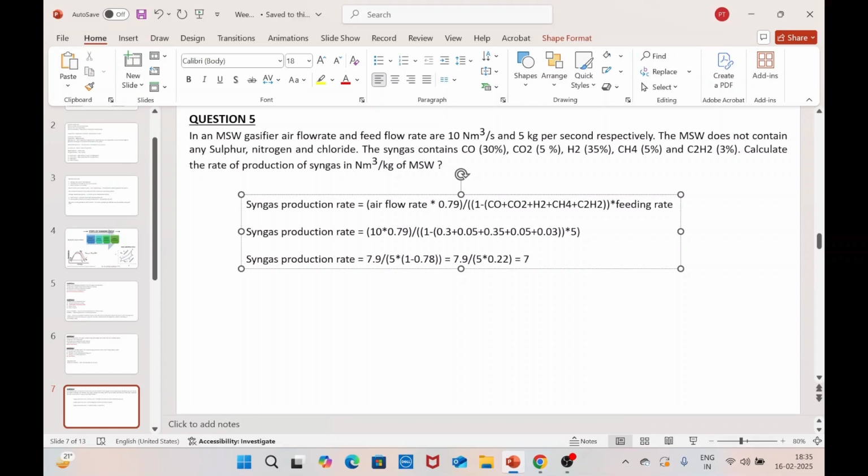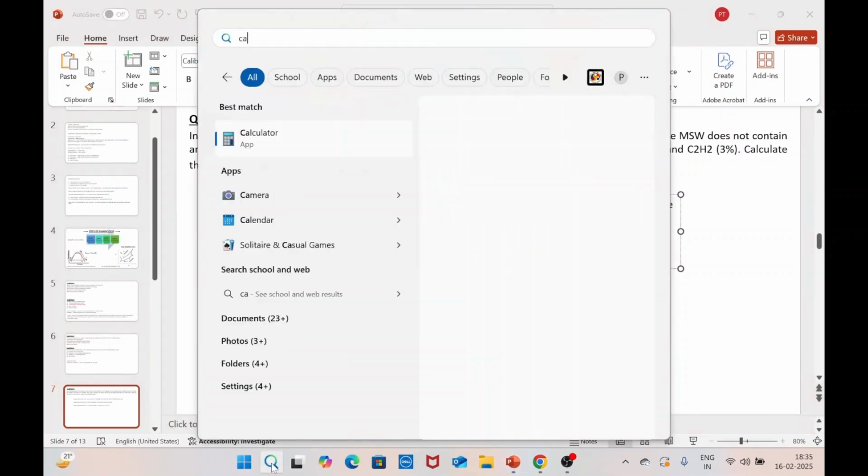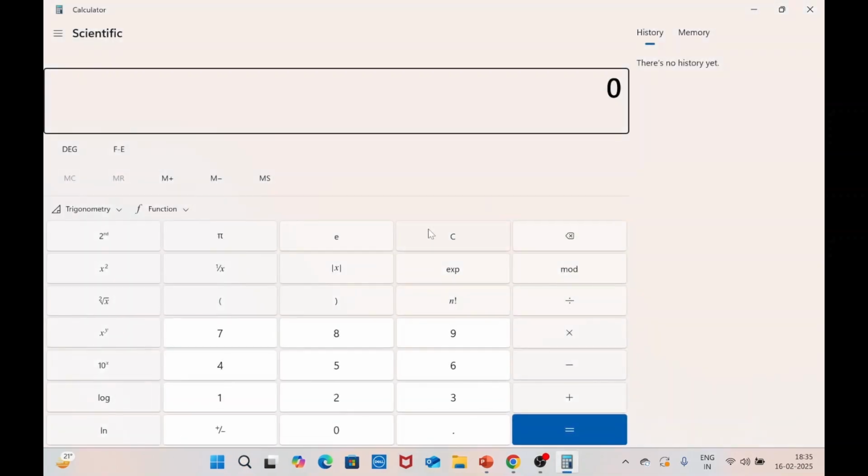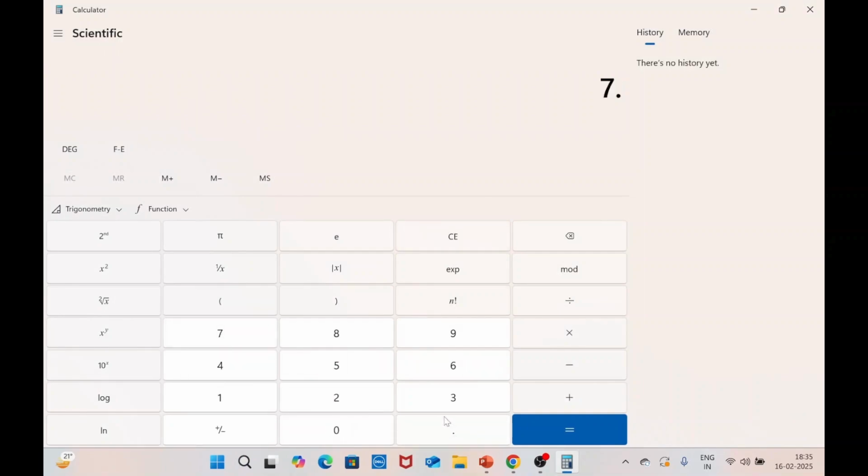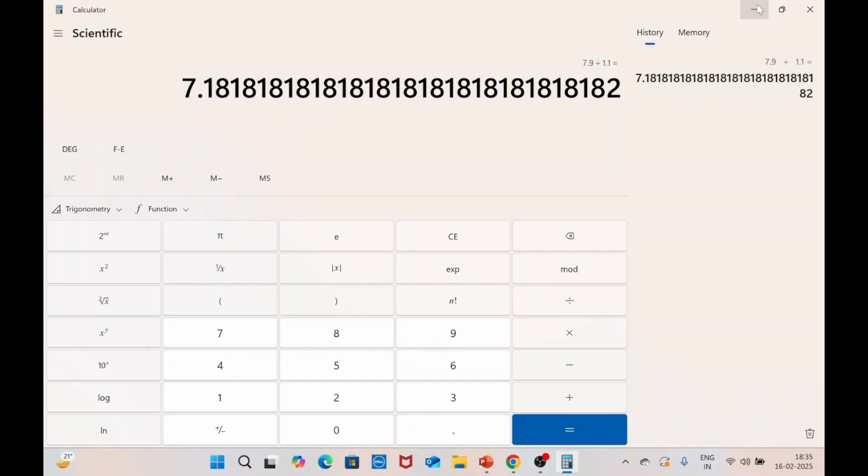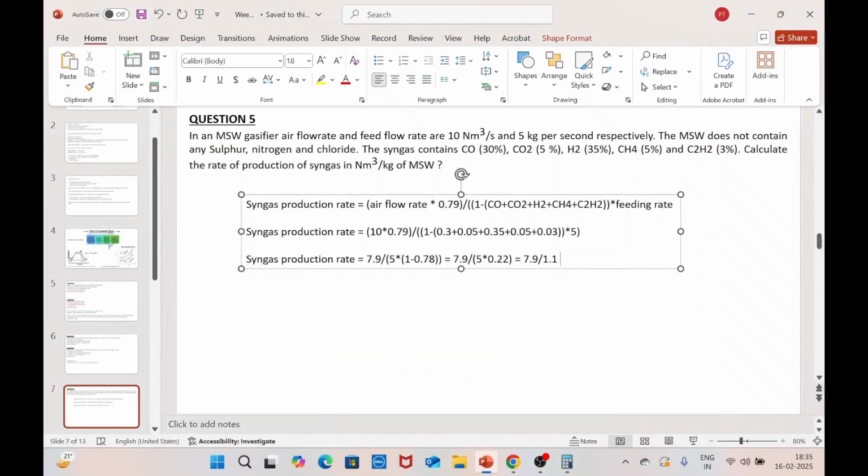So this will be nothing but 7.9 by 1.1. Let's use the calculator. 7.1818. So I get 7.18 Newton meter cube per kg of MSW, municipal solid waste.